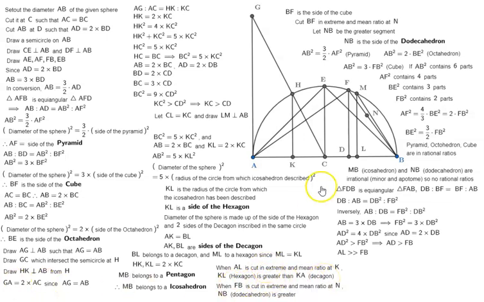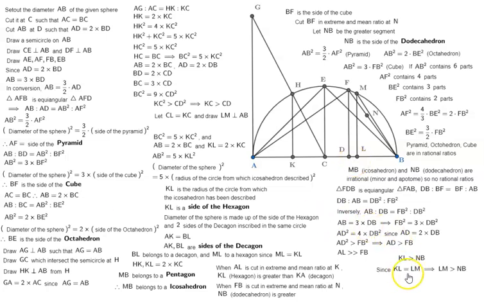When FB is cut in extreme and mean ratio at N, NB, which is the side of the dodecahedron, is greater. So that means KL is greater than NB.